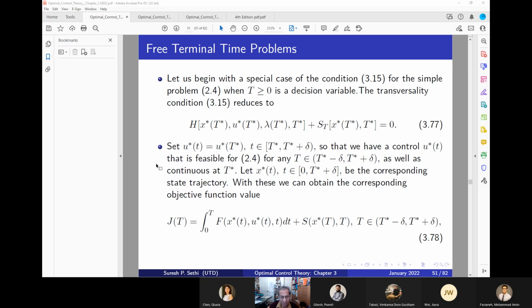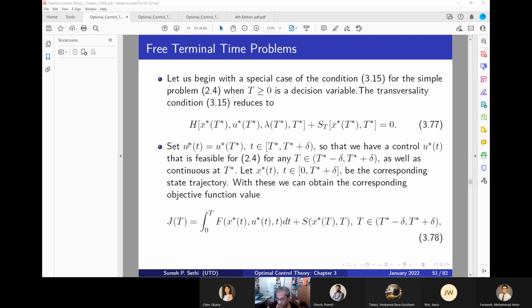What I'm going to do is say that in that interval, which is slightly above T star, I'm going to use the same control that I had at T star. So whatever control I had, I'm just going to hold it constant from T star to T star plus delta, exactly at this value.